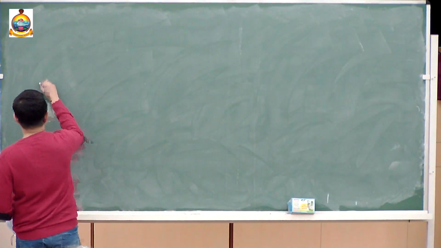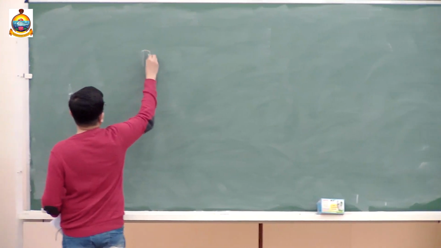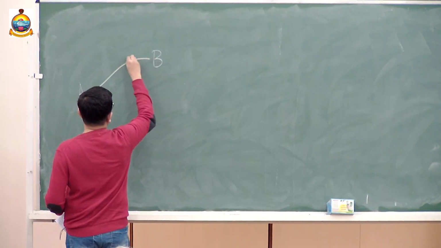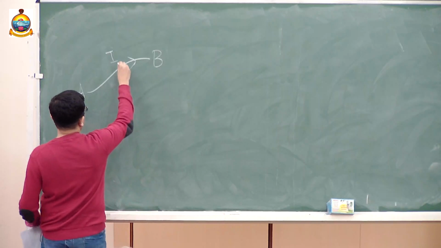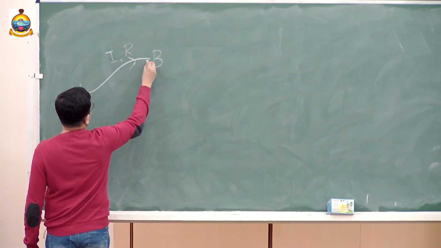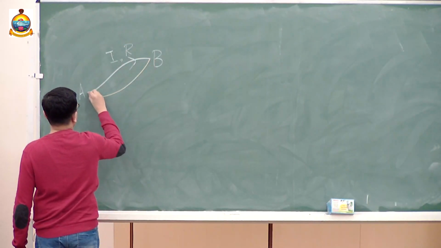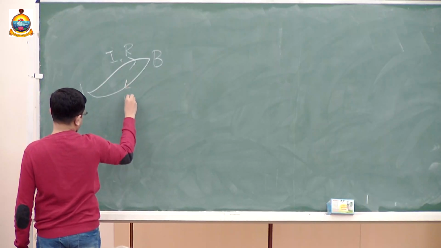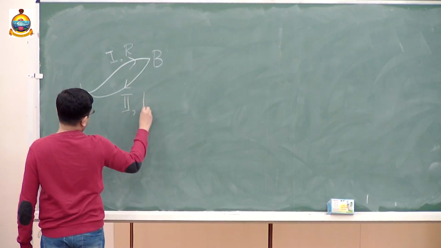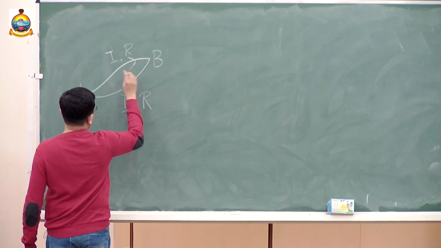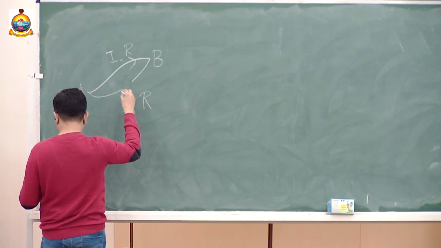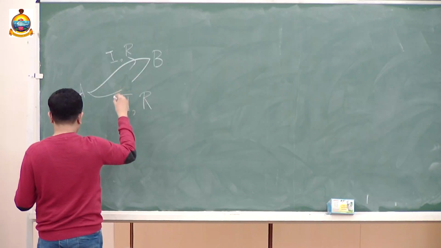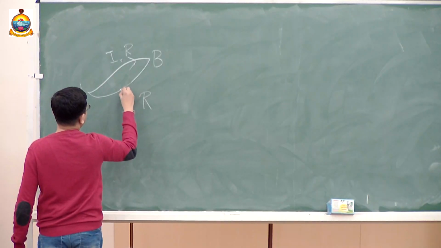Consider a cycle in which you go from one state A to B along a path which is reversible, and you come back to A along another path which is also reversible.